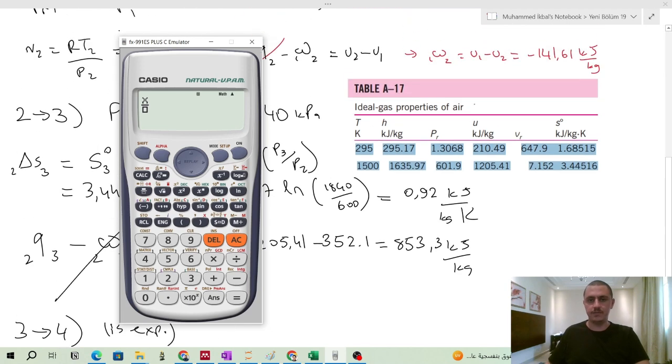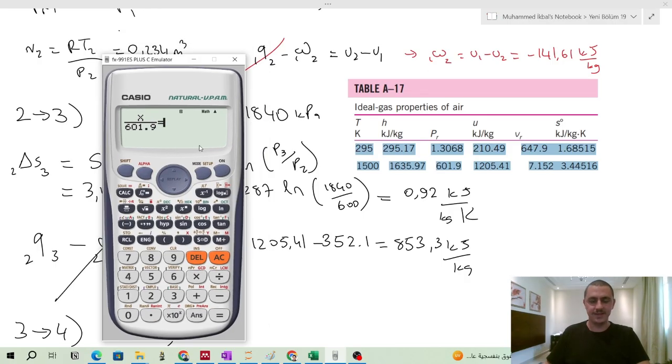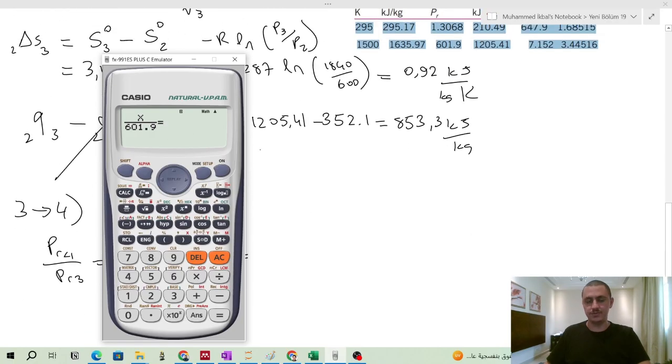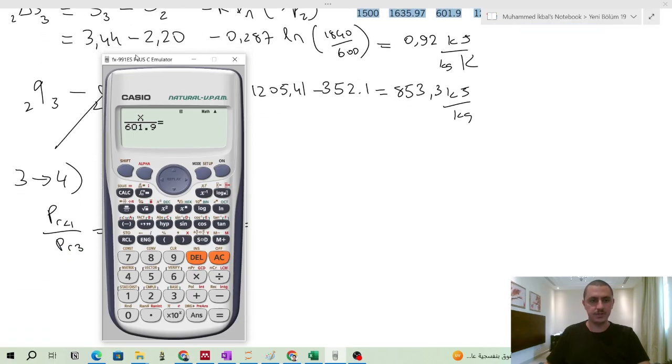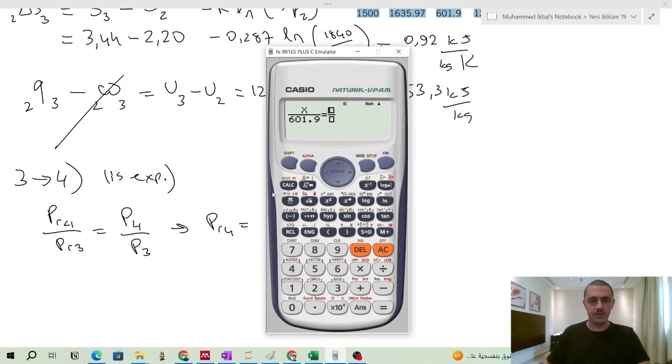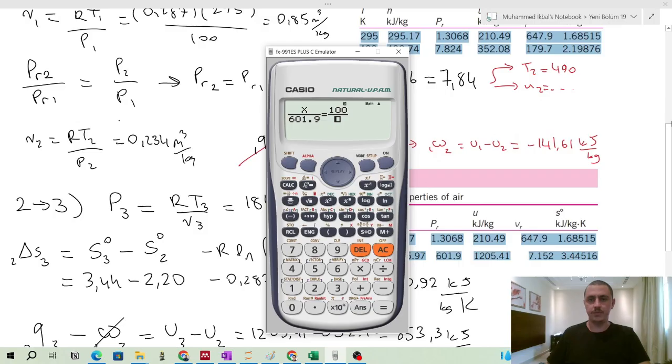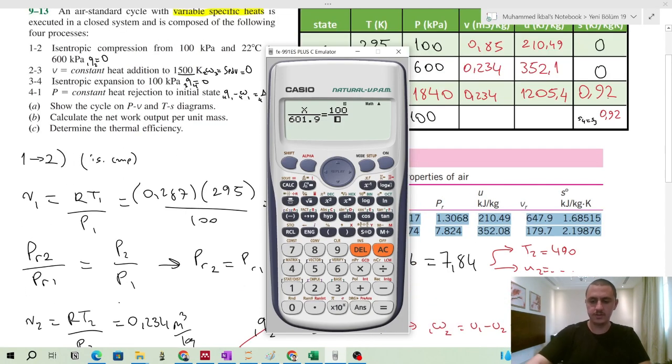We know PR3 from here, it's 601.9. It's an easy algebraic equation, but I like always using this to be fast at solving any type of equations. And you have P4, which is 100. Then this one is 1,800. You should just say shift solve. That will give you the answer.